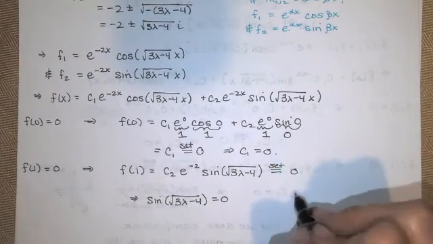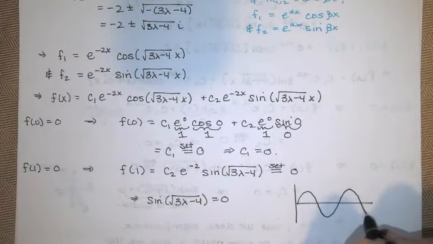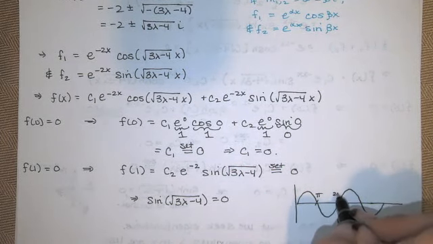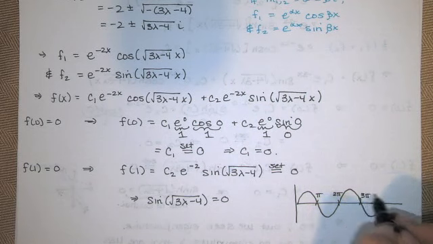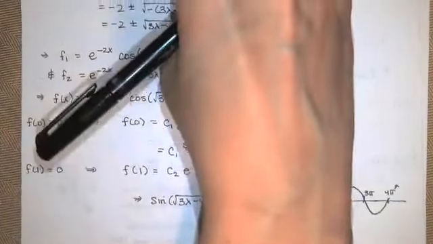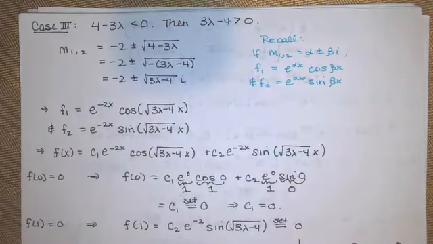Now sine is 0 infinitely many times. And we know it's 0 at all of the multiples of pi. So it's 0 at pi and 2 pi and 3 pi and 4 pi and so on. And you keep going forever. But remember, we are in the case where this expression is negative, which means this expression is positive.